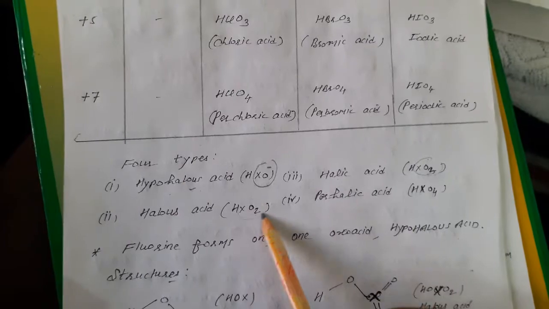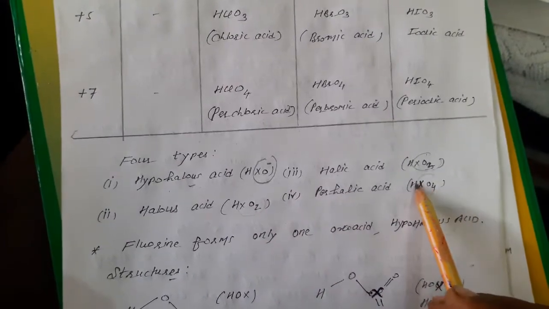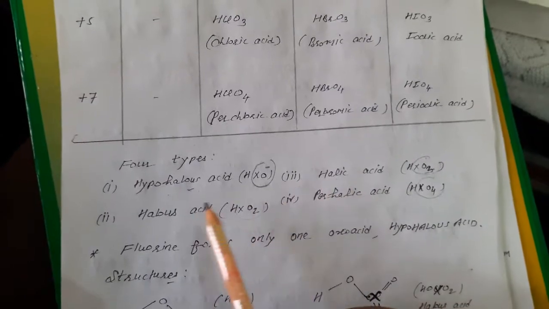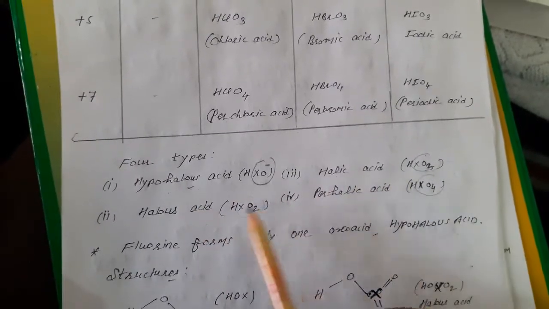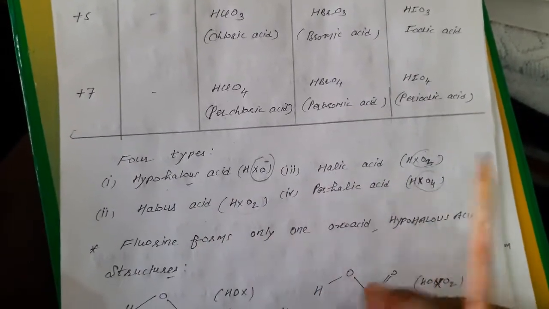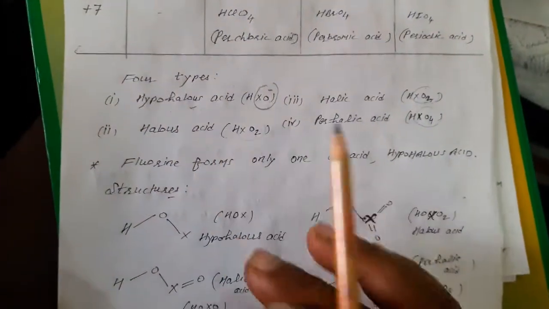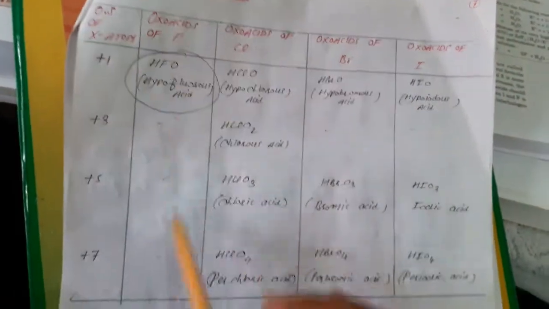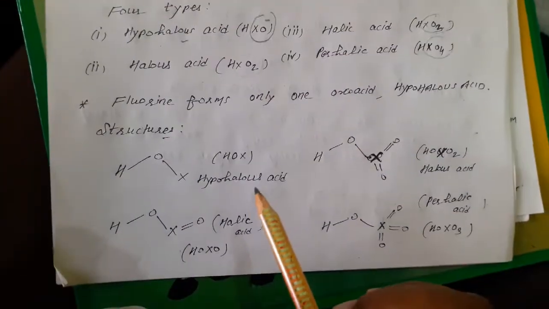This is the halite ion, and this one is the perhalate ion. So these are the four oxo acids: hypohalous, halous, halic, and perhalic acids. Fluorine forms only one oxo acid, hypohalous, this one, and not the others with +1 oxidation state.